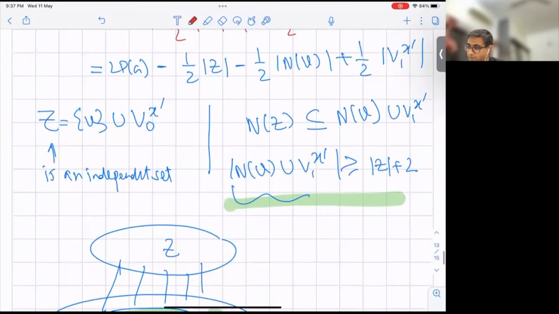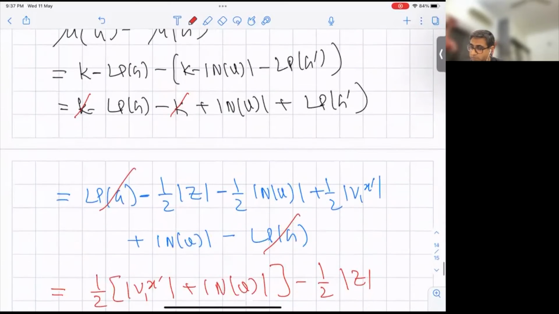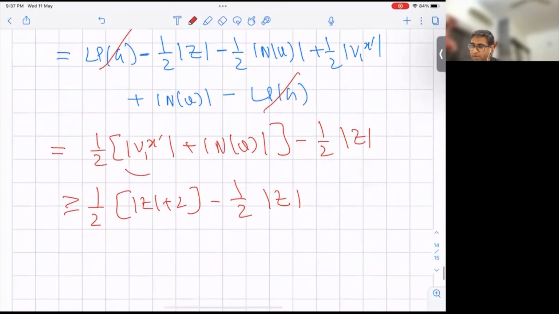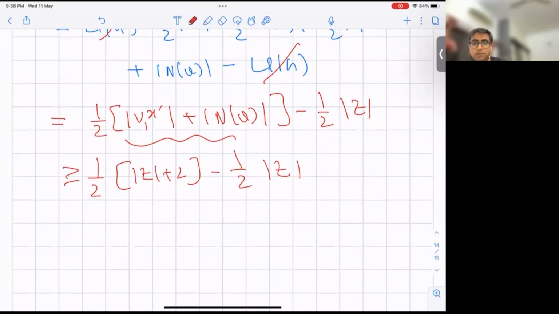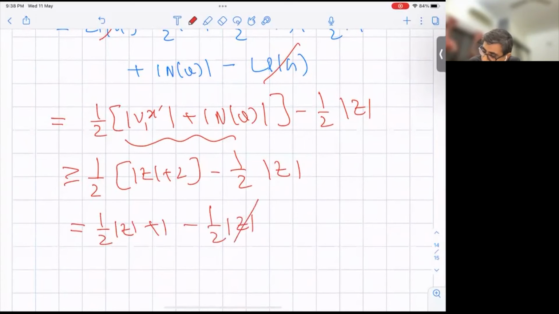Look here, we did this computation. So I'm using exactly this because this contains the neighborhood of the Z, the independent set we created, containing V and V1 X prime. Okay, are we done now? What is this then? This is equal to half of mod Z plus 1, half of mod Z. This gets cancelled. This is equal to 1.